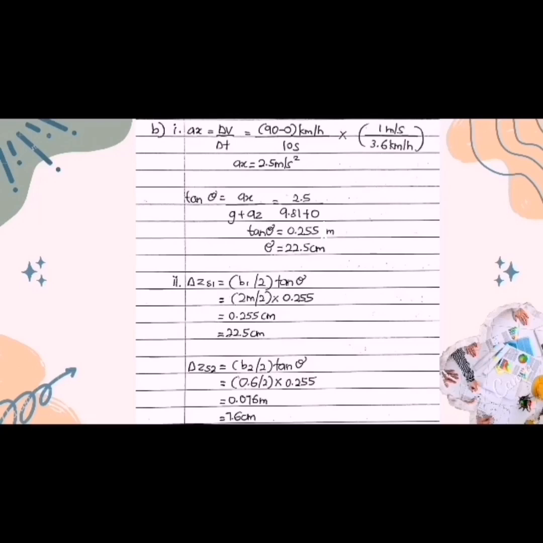The analysis involves considering the forces acting on the water in the tank during acceleration. The formula tangent theta equals Ax divided by g plus Az, which is 2.5 divided by 9.81 plus 0, is used, where y is the height of the water. Solving for tangent theta, the result is 0.255, equivalent to 72.44 cm when the short side is parallel to the direction of motion.